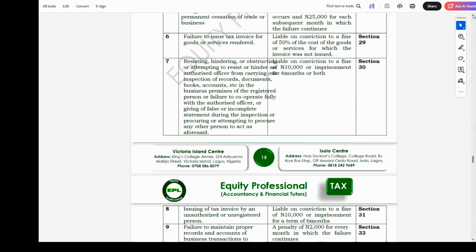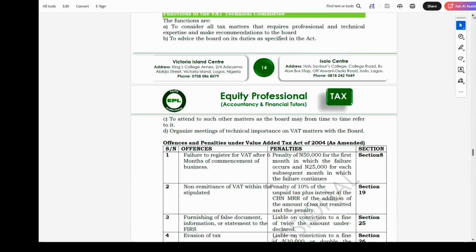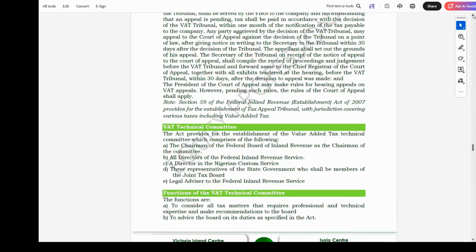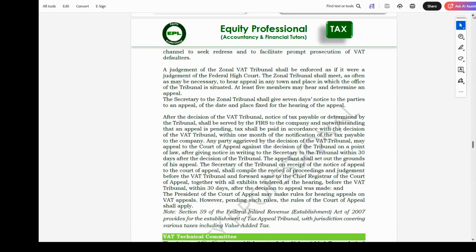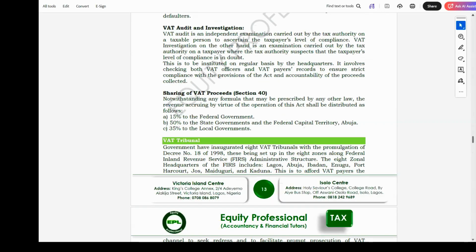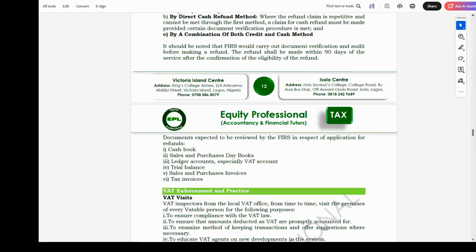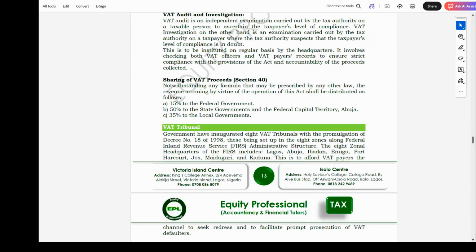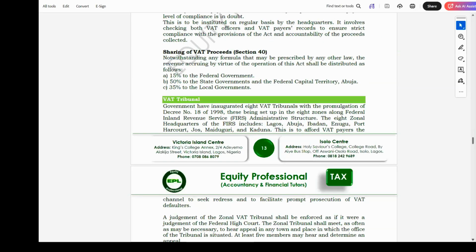So we also have what is called the VAT tribunal. I told you that they have a right to carry out audit and investigation. When they carry out an audit or an investigation, they are going to come up with a liability. When they come up with this liability, you have a right to object to that liability.